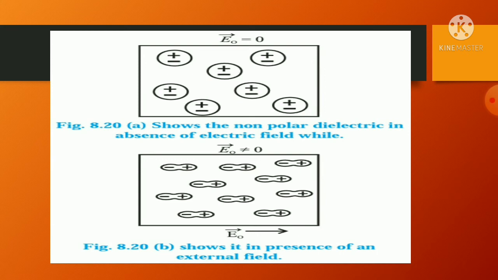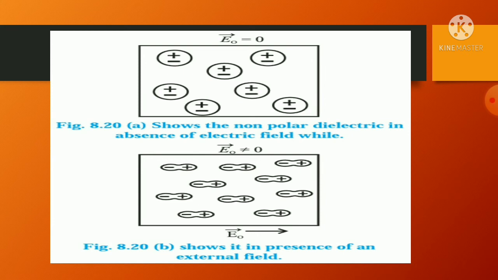All the molecules present in an external field arrange in a particular manner. In this diagram, in each molecule the negative charges are on the left side and the positive charges on the right side.